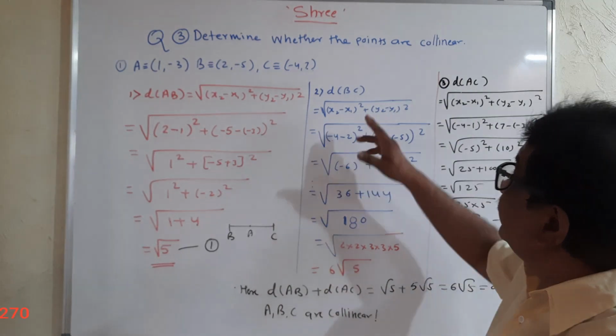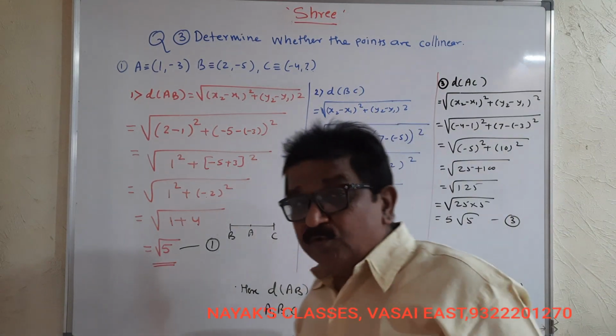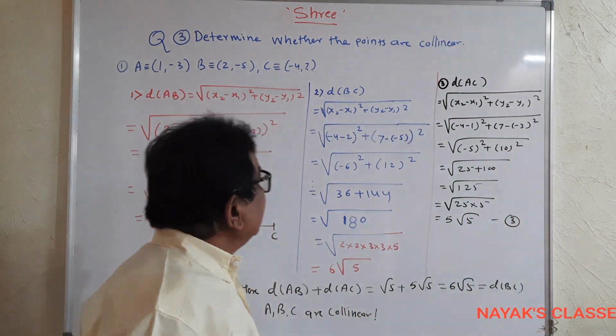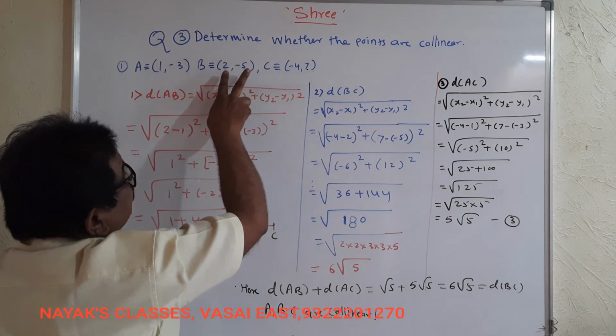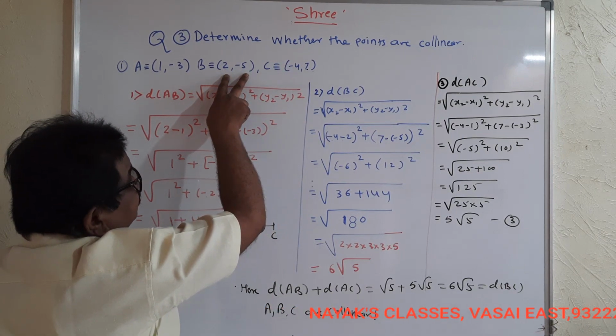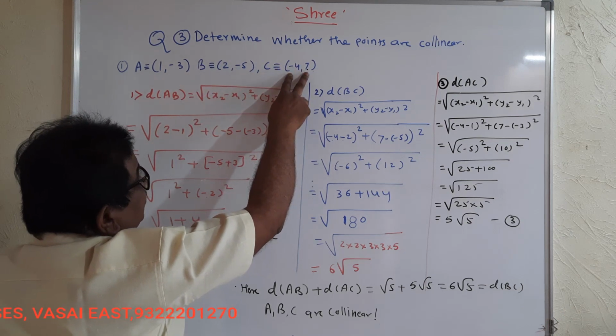Similarly, for distance BC we take the same formula. For BC, the first point is x1 y1 and the second point is x2 y2.